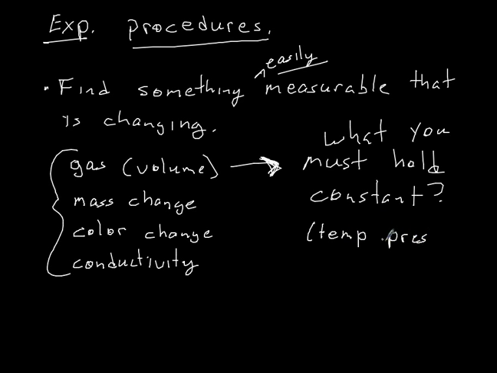Because remember, with gases, if you change the temperature or the pressure, you change the volume. So you would have an error introduced into the experiment because your volume is changing not as a result of gas being produced, but as a result of a temperature change or a pressure change. So you've got to hold those 2 things constant if you're going to use gas as one of your methodologies to measure the rate of reaction.